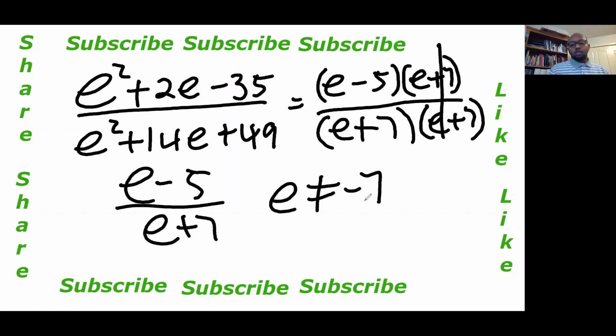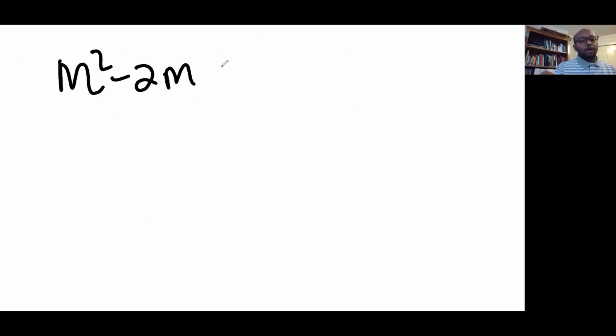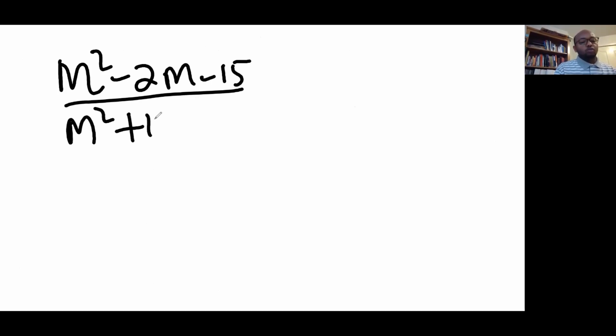The last example of my lesson today is m squared minus 2m minus 15 over m squared plus 12m plus 27.